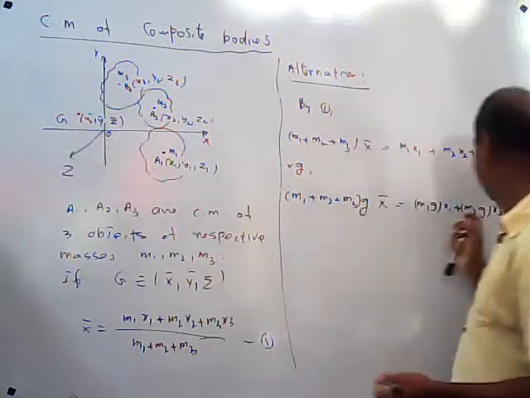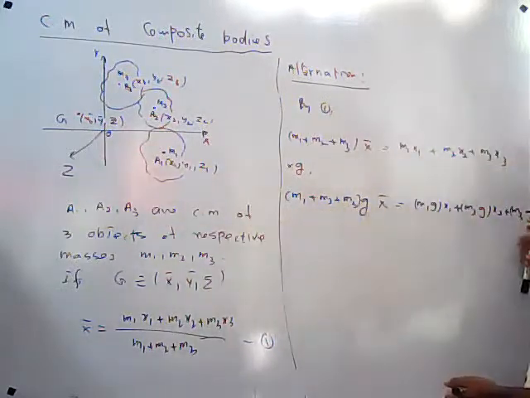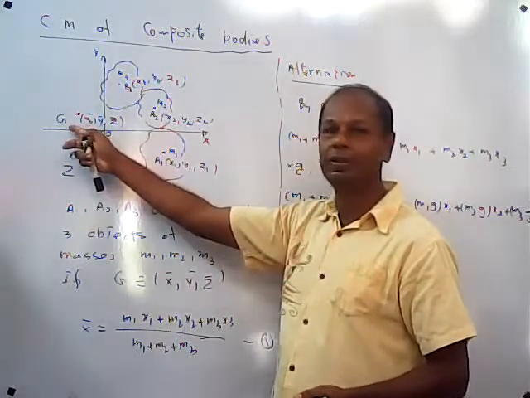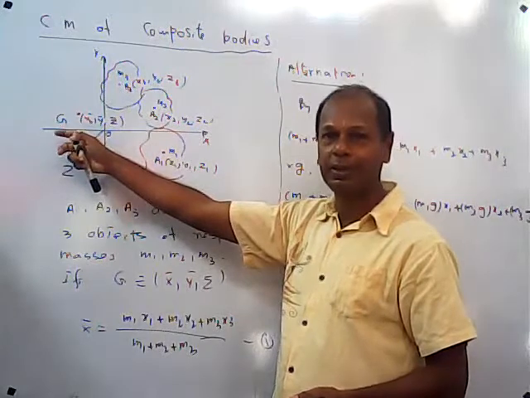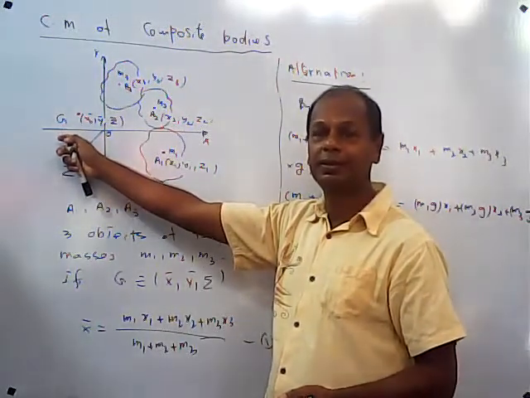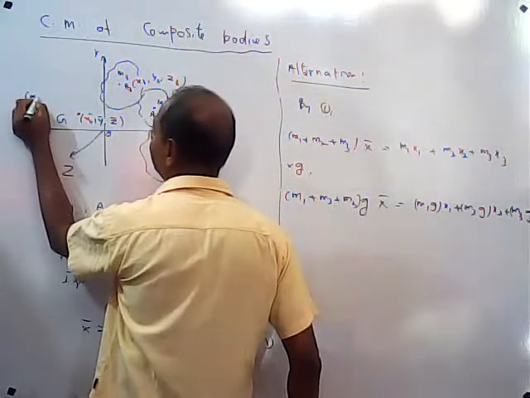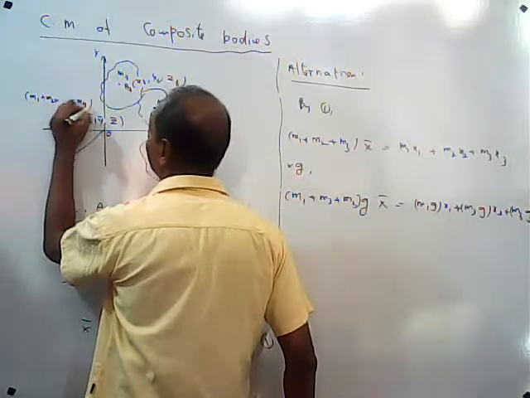And this is the moment of the other one about the origin, plus the moment of that, which means the moment of the system about the origin equals, they say, the moment of the total mass, taking it as acting at the center of mass, taking that the total mass is working at this point, the center of mass.